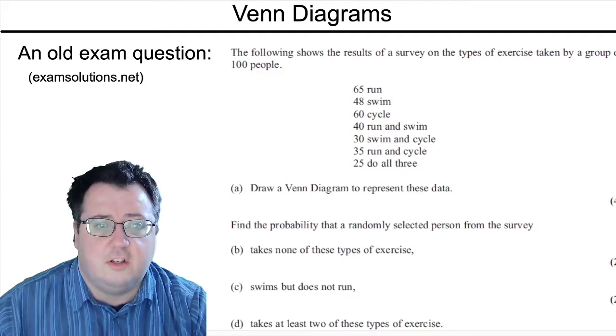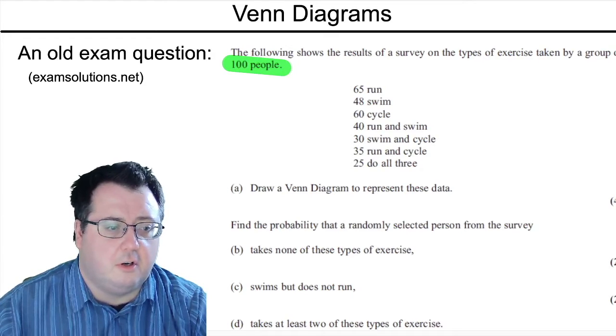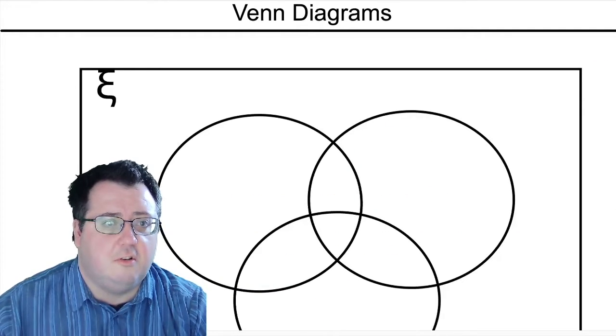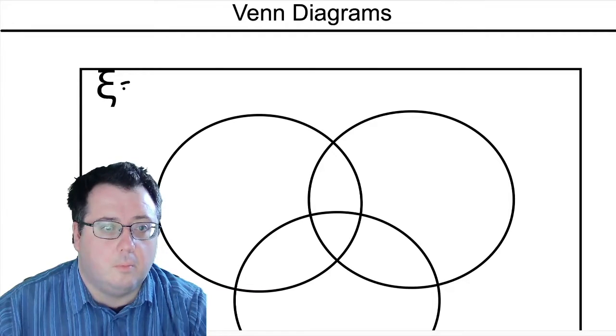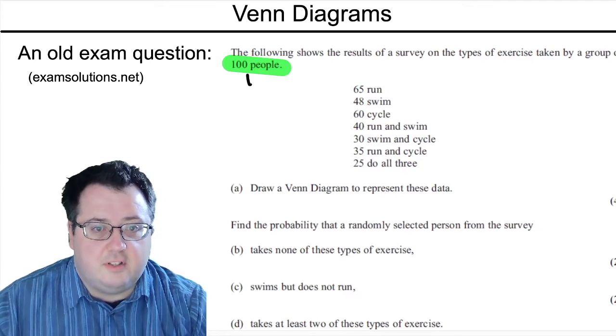Okay, so the first piece of information is 100 people. So on this picture, the universal set will be 100. So I can tick that piece of information off.